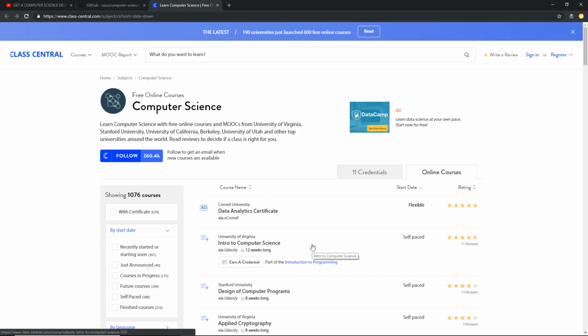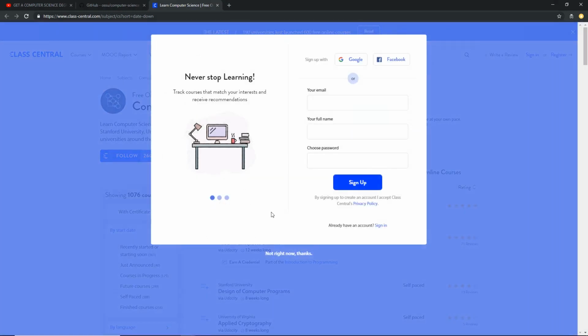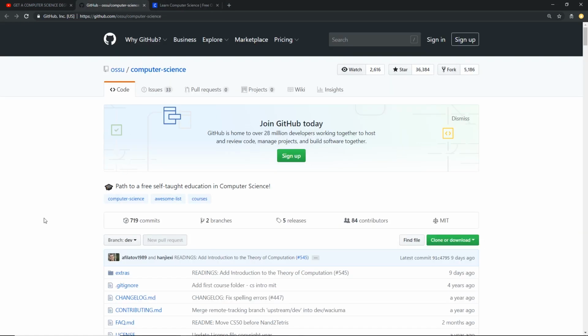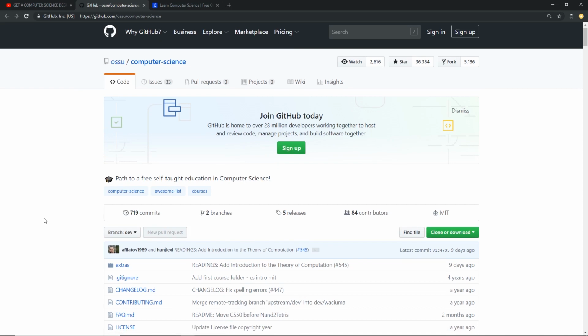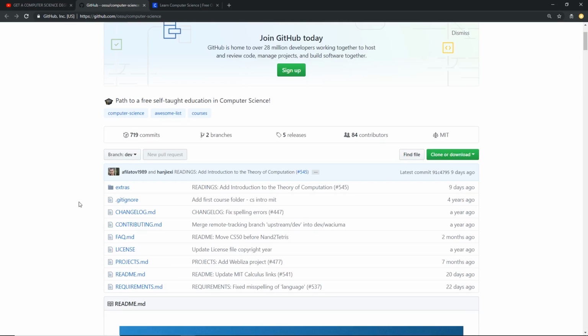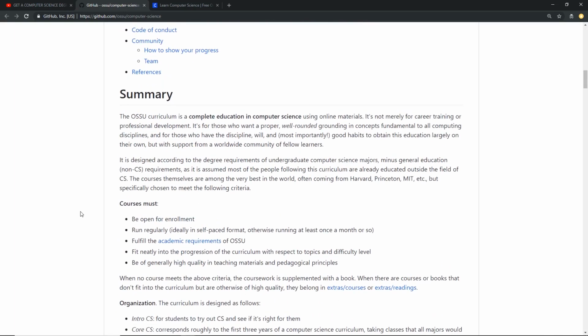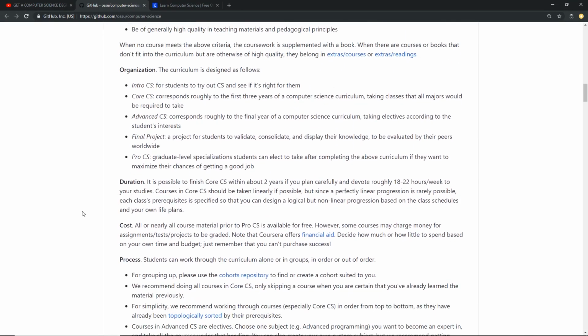It has ratings, so you can say, well, maybe I want to get a data analytics certificate. You can sign up for these classes. A lot of them are 100% free. Some of them you have to pay for the certificates, but it's pretty awesome. And then OSSU, the open source computer science degree, is a complete 100% self-taught education in computer science. It gives you recommendations of what courses to take.